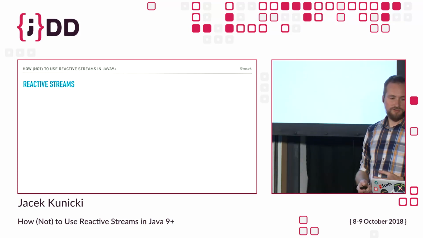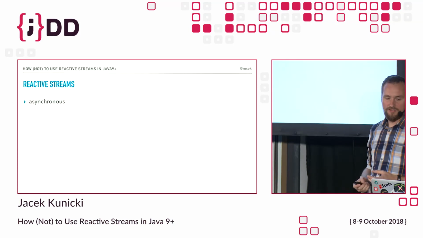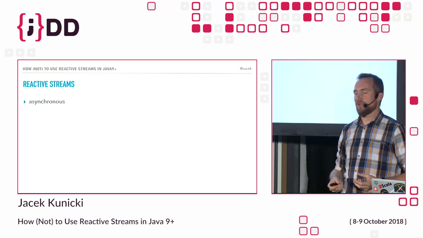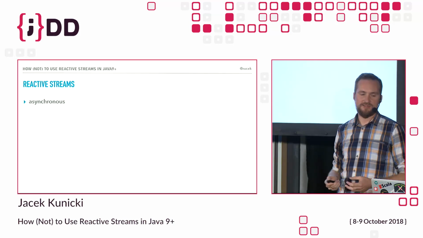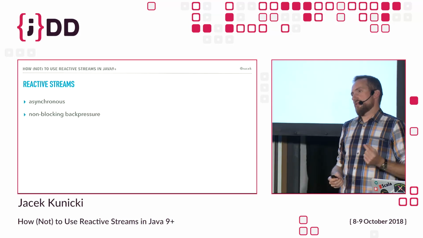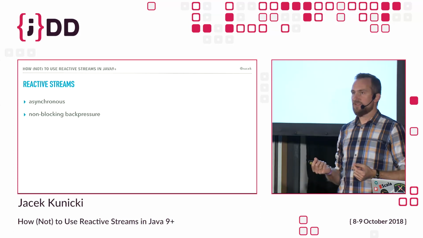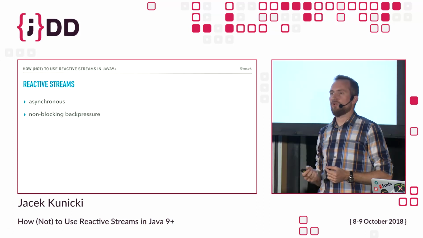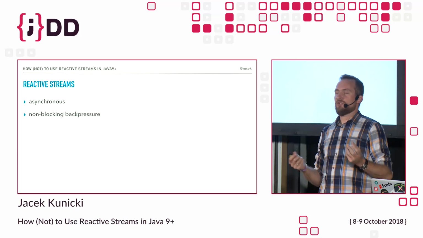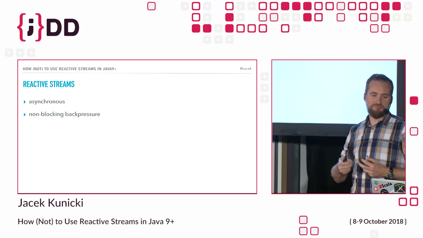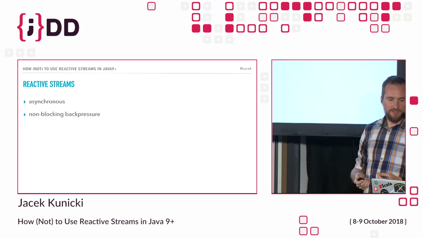There are a couple of crucial things. First of all, it needs to be asynchronous. So the data needs to be sent in an asynchronous fashion, not to block, basically. And then, which is, I think, the most crucial thing about reactive streams, the backpressure itself is not blocking. Because if the backpressure was blocking, it could still not make the entire pipeline fast.